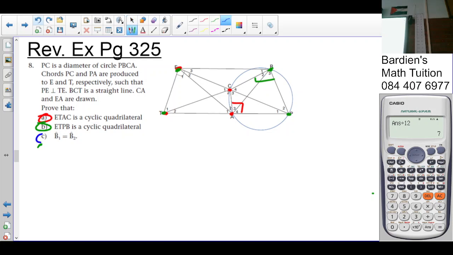And C, we must prove that B1 is equal to B2. So B1 is equal to which angle? B1 is equal to P1. Why?